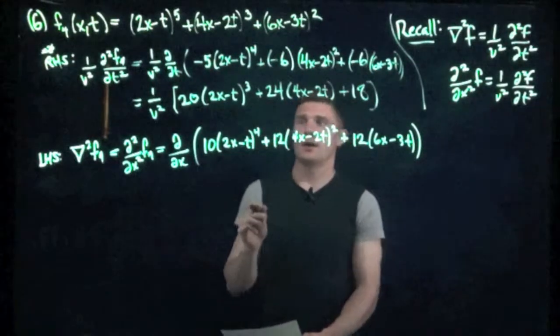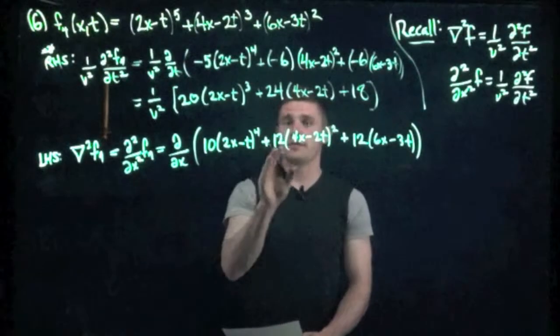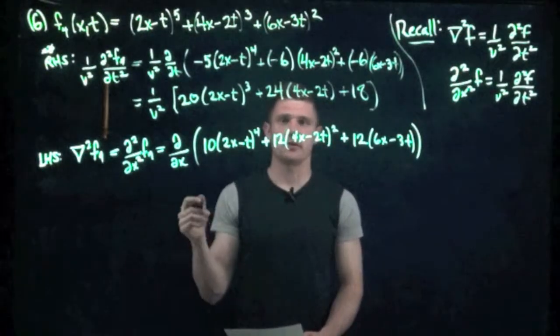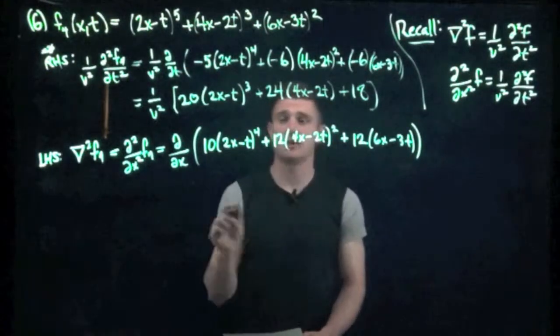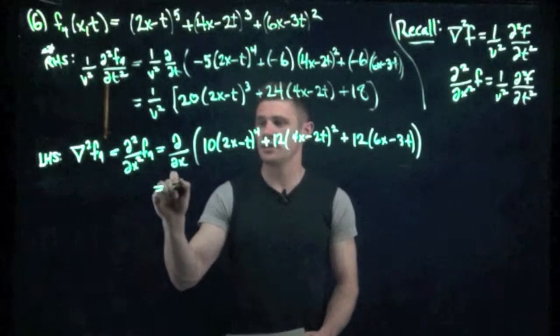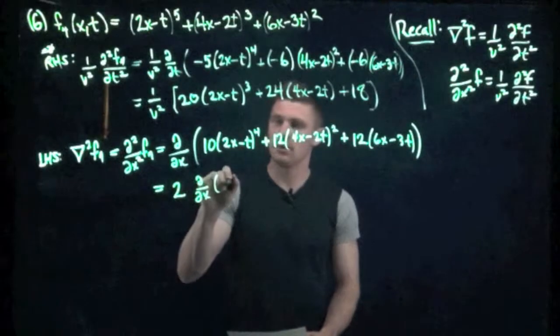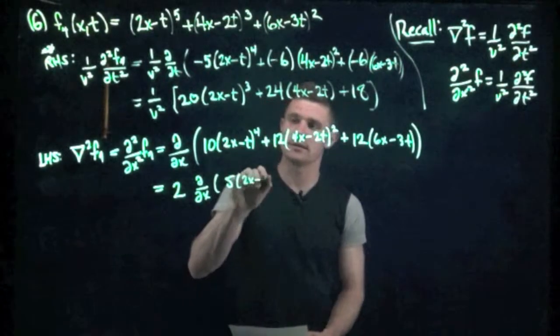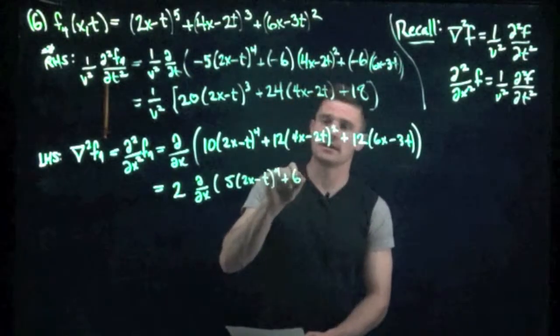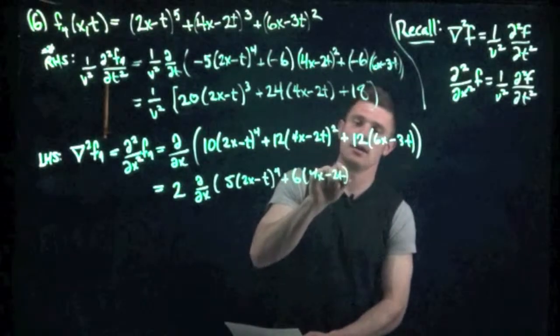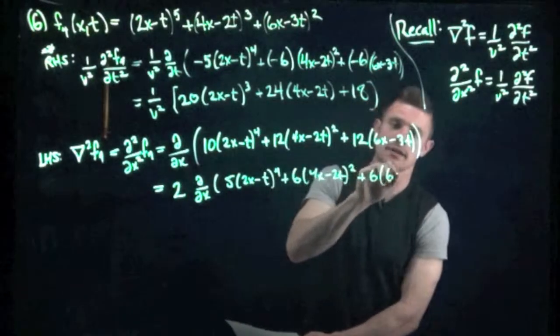So right away, I am going to pull out a factor of 2 from all of this, just because otherwise my constant terms in front might get big relatively quickly. So I'll end up with a 2 times d/dx of [5(2x - t)^4 + 6(4x - 2t)^2 + 6(6x - 3t)].